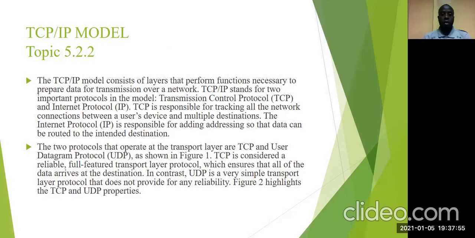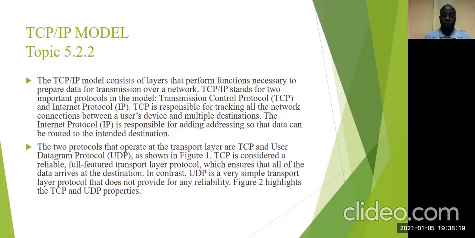The Internet Protocol is responsible for adding addresses so that data can be routed to the intended destination. Without an IP address, there is no way you can route your data to its destination. There is no way the data can come from the source to the destination. IP is very important in networking. Without IP, there is no networking.